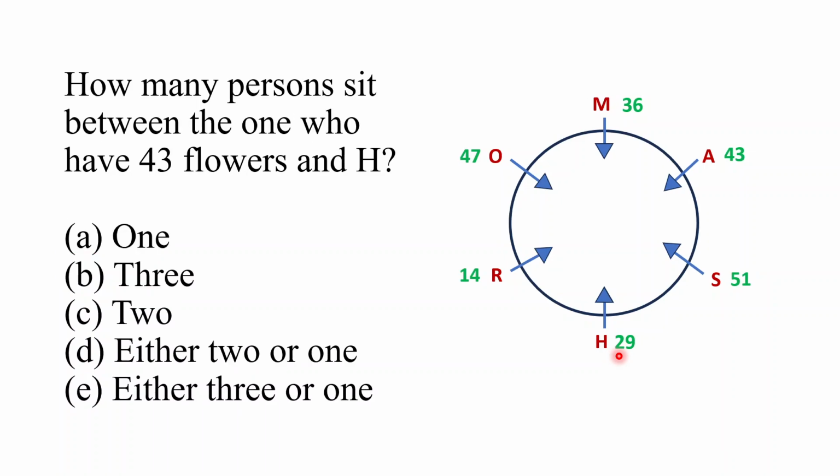How many persons sit between the one who is having 43 flowers and H? A is having 43 flowers, so between A and H. First, we'll consider the clockwise direction.